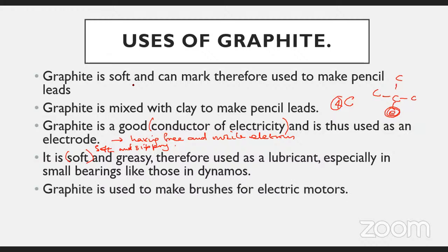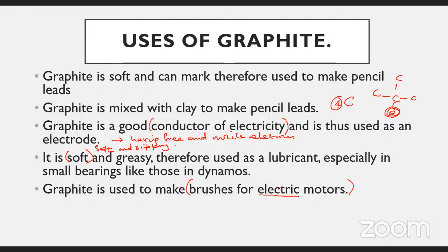We move on. Graphite is used to make brushes for electric motors. Why do we say it is used to make brushes for electric motors? Who can guess the property that we are applying here? Remember, we are having this word here, electric.